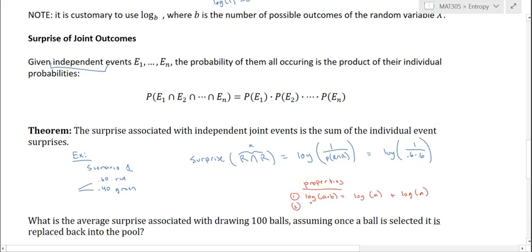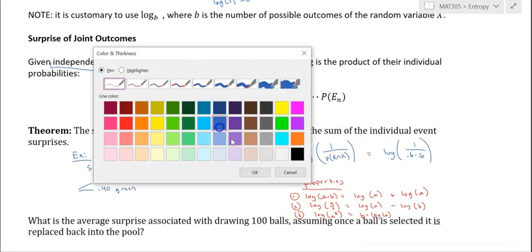Property 2: the log of a divided by b is equal to the log of a minus the log of b. And one more, related to the first: the log of a to the power of b is equal to b times the log of a. These will come in handy, but if nothing else, we get to review them here.